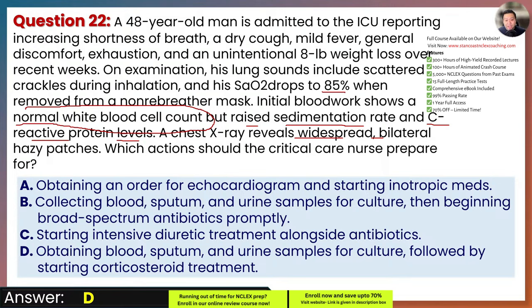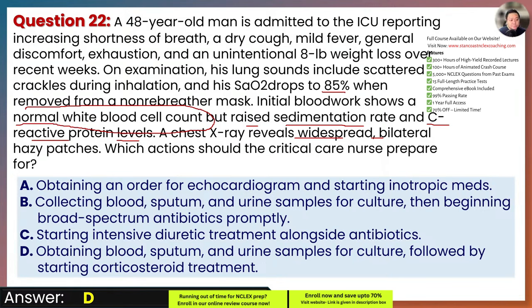There is dry cough. There's also fever, fatigue, weight loss, desaturation despite oxygen therapy, with hazy opacities on the chest X-ray, elevation of the CRP and the SED rate, with a normal white blood cell count strongly suggests that there is cryptogenic organizing pneumonia, or what we call COP.